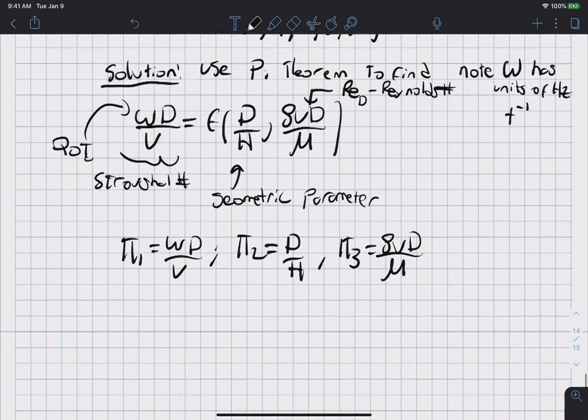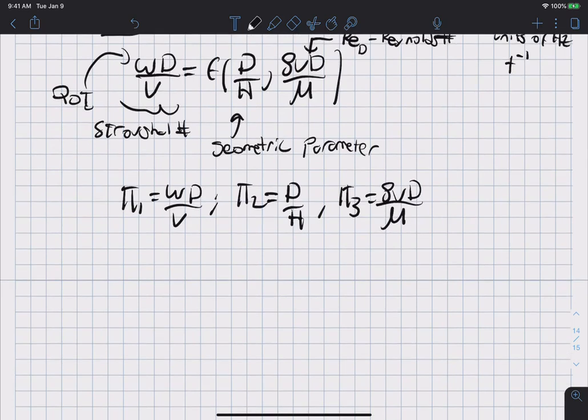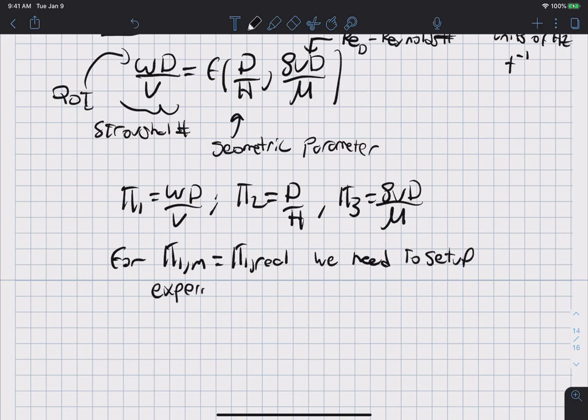And so, for pi 1 of the model to equal pi 1 of the real object, we need to set up the experiment such that pi 2 of the model is equal to pi 2 of the real object.